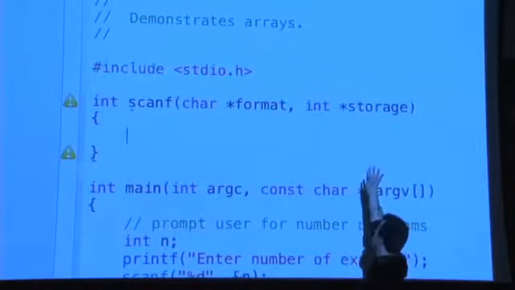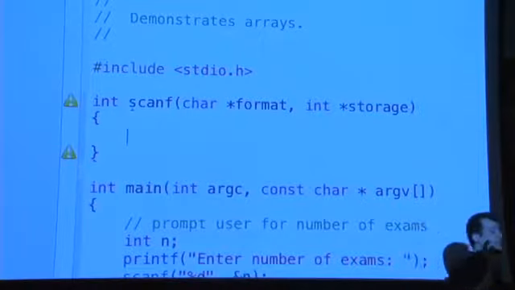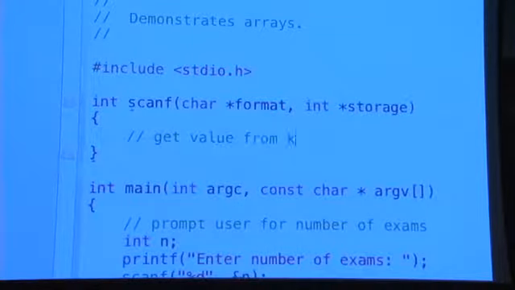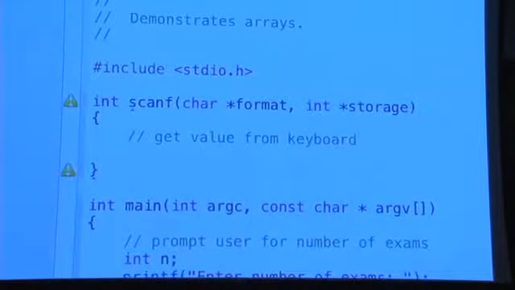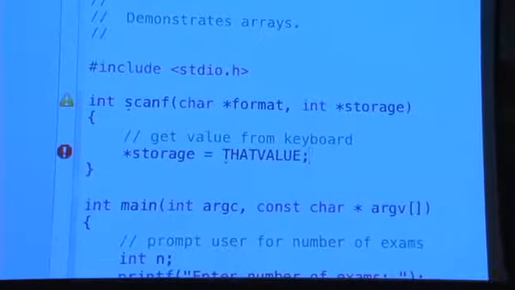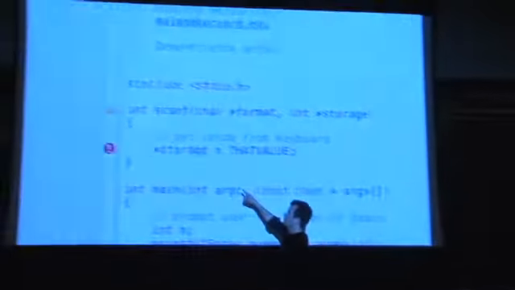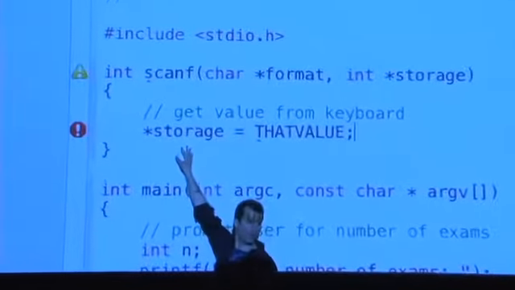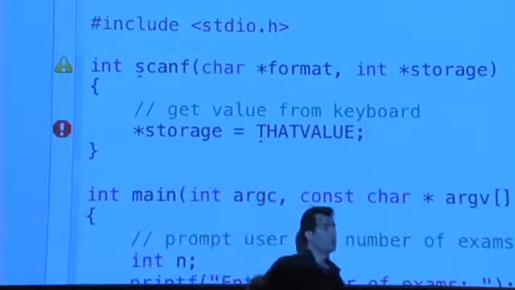It's going to take, let's just say, one pointer to an integer. So how scanf is going to be implemented is essentially: get value from keyboard, and then you're going to do star storage gets that value, whatever it is. Pardon the pseudocode. So star variable means go. If storage is literally a pointer, 1, 2, 3, 4, 5, star means go there. So it's the opposite of the ampersand.